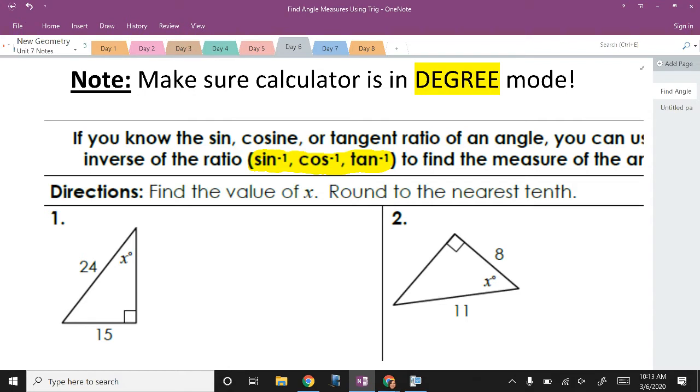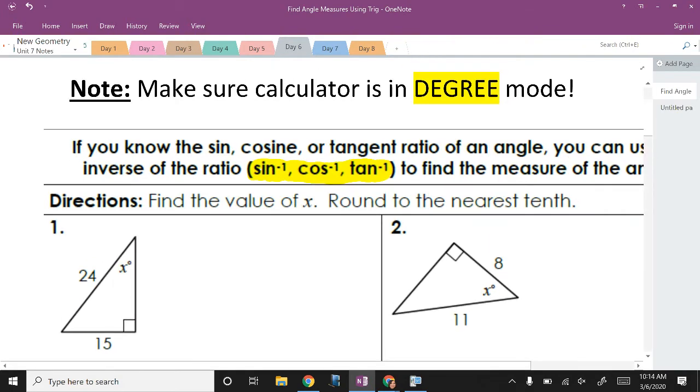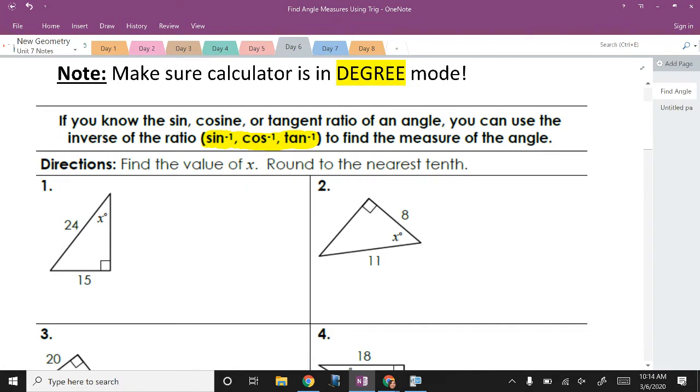So that means if you hit second sine, that does sine inverse. Second cosine does cosine inverse, and second tangent does tangent inverse. To find angle measures, you have to do the inverses.